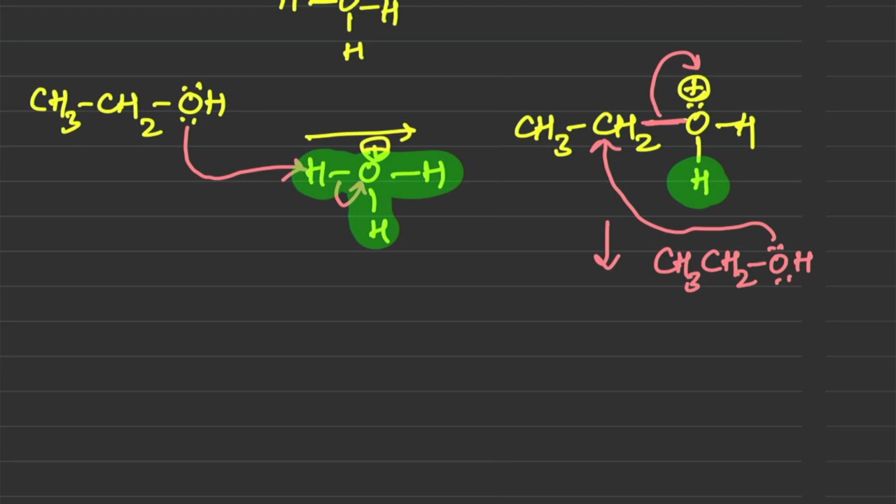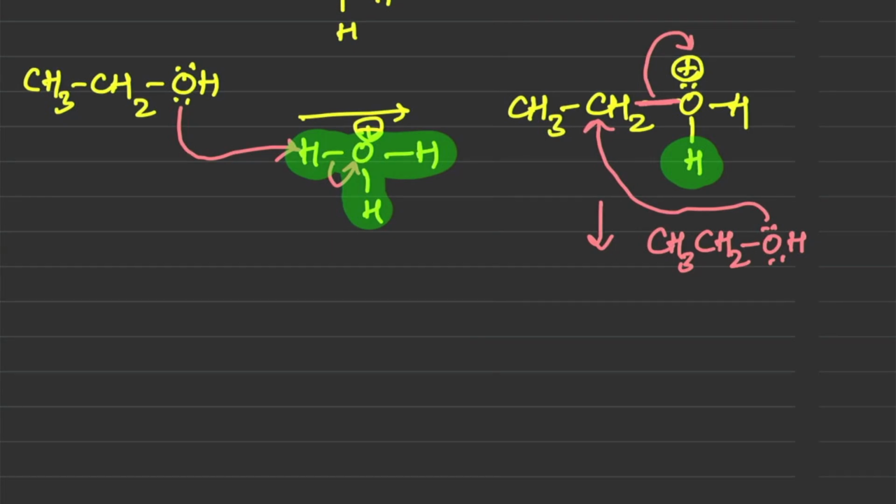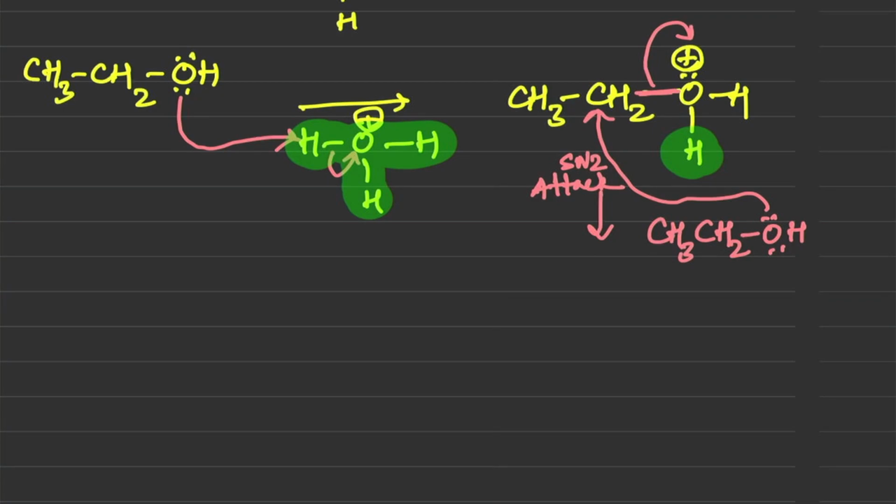Both the attack of the group and the removal of the group happen together. So this is an SN2 attack. This ether synthesis is good for primary and possibly secondary alcohol. Not going to be good, but it's doable. But again, it has to be symmetric.